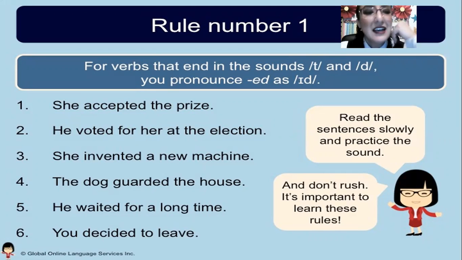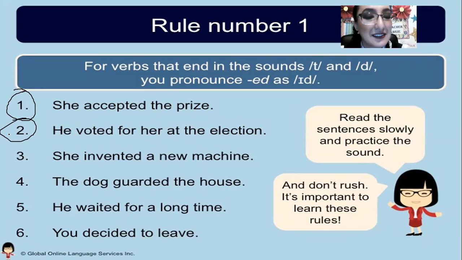Okay, let me see. How did you pronounce this sentence? Tell me. She accepted the prize. Okay. How do you pronounce the second one? He voted for her at the election.